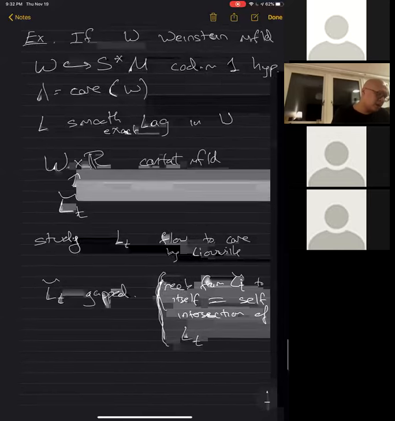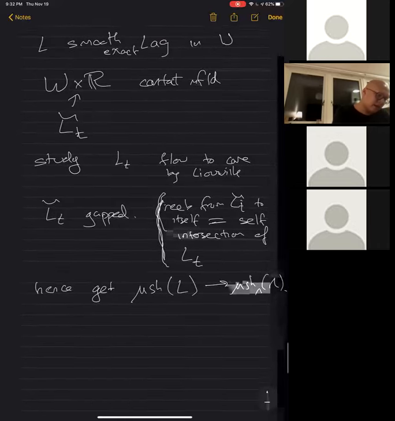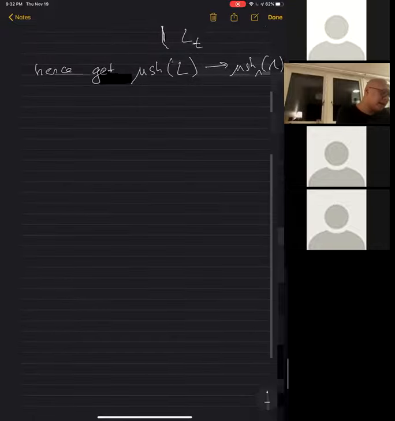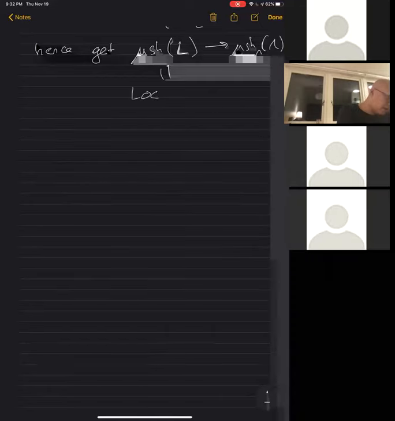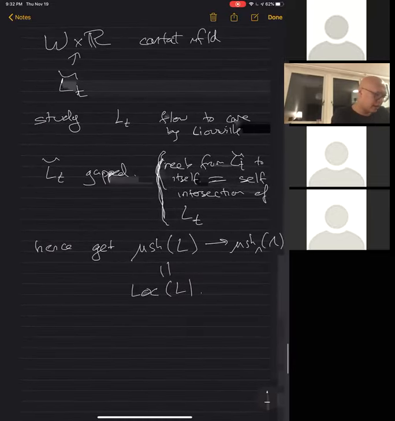So this is gapped, and hence, by the theorem, we get a map from mu sheaves of L to mu sheaves of lambda. It's a basic calculation, which I didn't have time to do here, that mu sheaves of L is nothing other than local systems on L. So by this theorem, I produce for you a functor from local systems on L to mu sheaves of lambda.